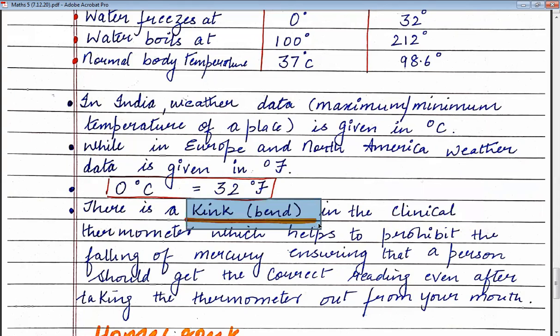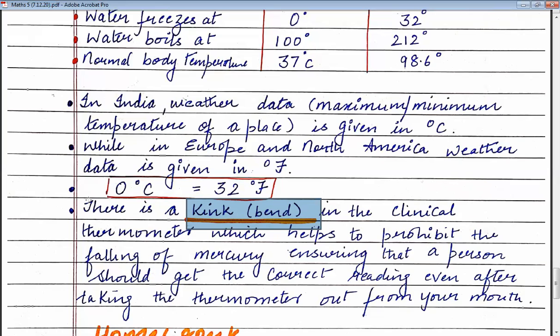Kink means bend. You can check the thermometer you have at home. There is a kink, a bend, and this kink helps the mercury stay at that position so that we get a correct reading of our body temperature.